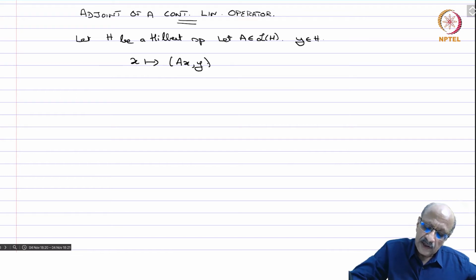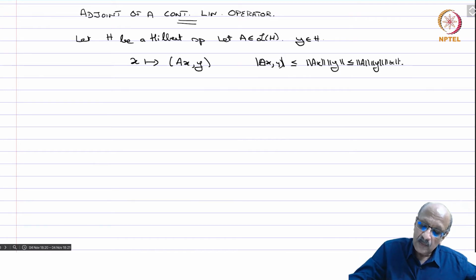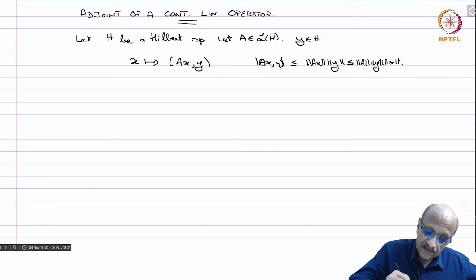This is a continuous linear functional because |<Ax, y>| is less than or equal to norm Ax times norm y by the Cauchy-Schwarz inequality, which is of course less than or equal to norm A times norm y times norm x. So this is less than some constant times norm x, and therefore this is a continuous linear functional.